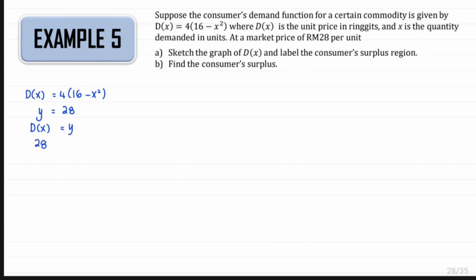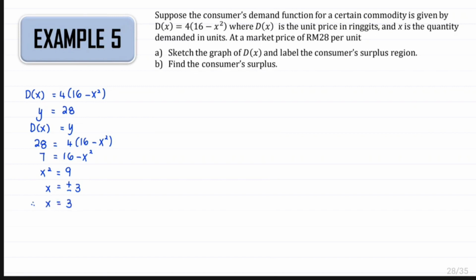So RM28 equals 4 times (16 minus x squared). Then we solve. We get x squared equals 9 and x equals plus minus 3. Since it is quantity, x equals 3 only.